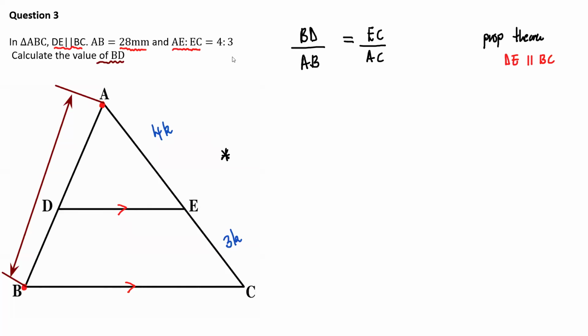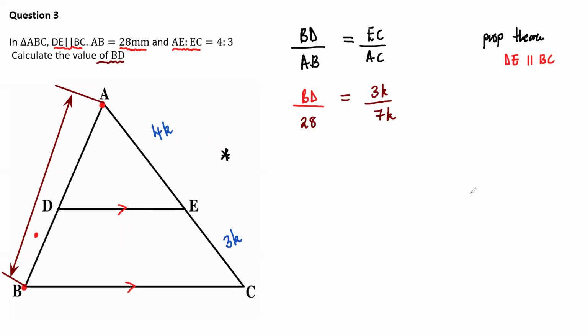All right, I'm ready. So BD, I'm looking for you, over AB, I know you. On the other side, EC, proportionality, over AC. BD, don't know you. AB, I know you, you are 28. They told me. EC, you are 3K. AC, you are 7K.